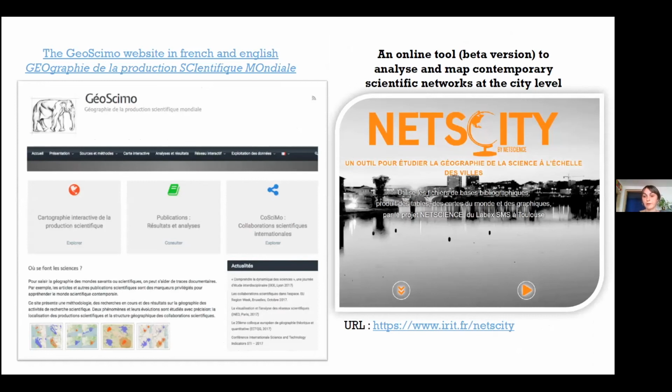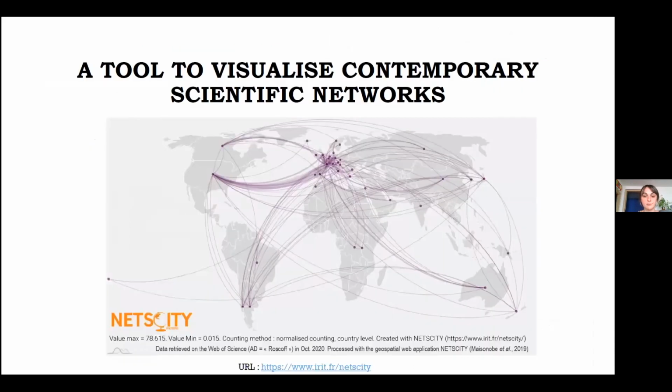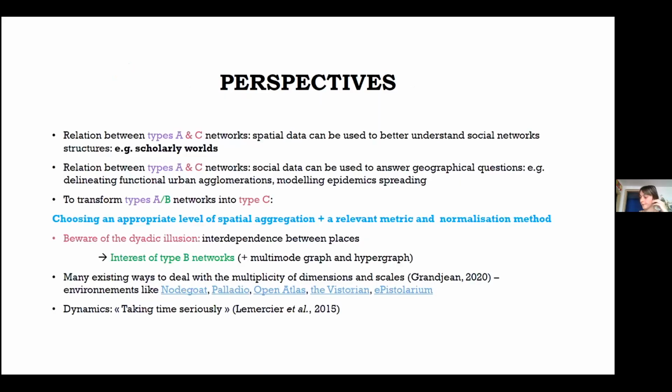If you have bibliographic data and the addresses of the authors, you can use Netcity to do this type of map. Here is the scientific collaboration of the scientists working at the Roscoff Marine Biology Station. With Netcity, you can do this type of map at the country level and also at the urban area level using our perimeters.